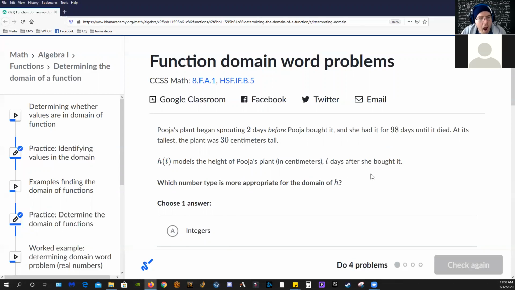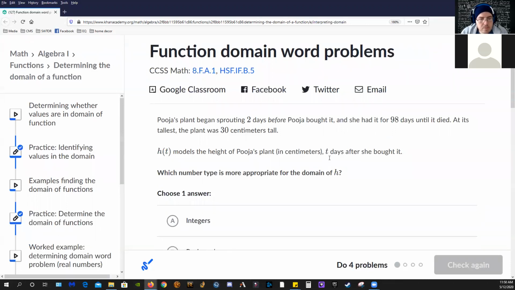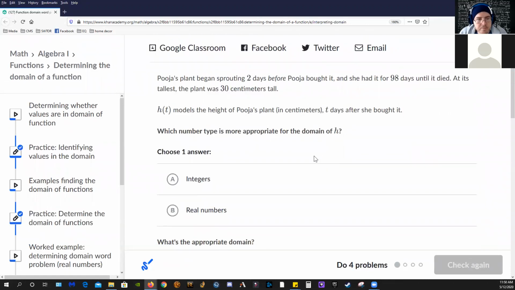Huh. Okay. So, this one's going to take a little more concentration. Okay, so let's see if I can persevere in solving this one.